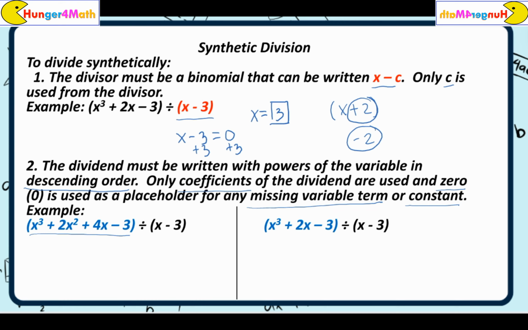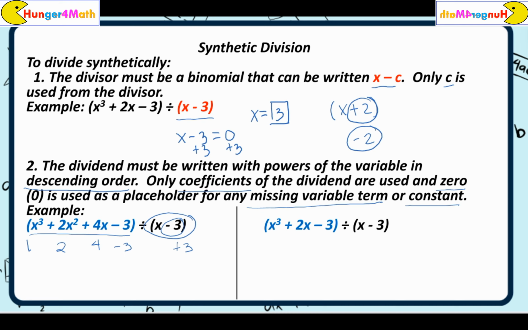We need to arrange the powers in descending order. Right here, the powers are already in descending order, and the coefficients are 1, 2, 4, and negative 3. If we want to find the divisor, we just have to find the inverse of minus 3, and that is positive 3.